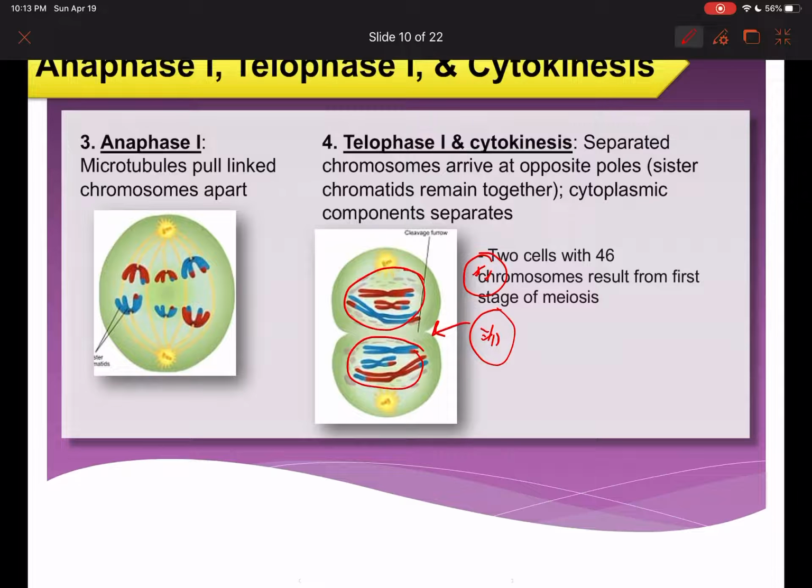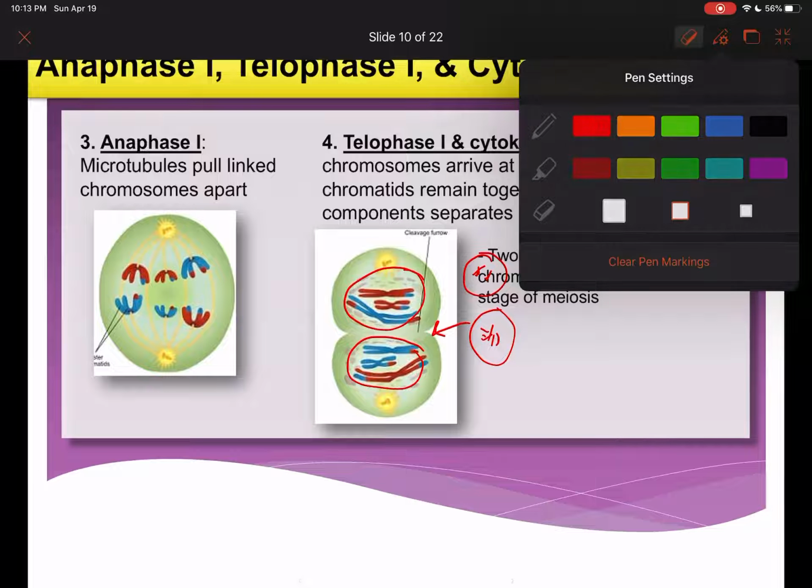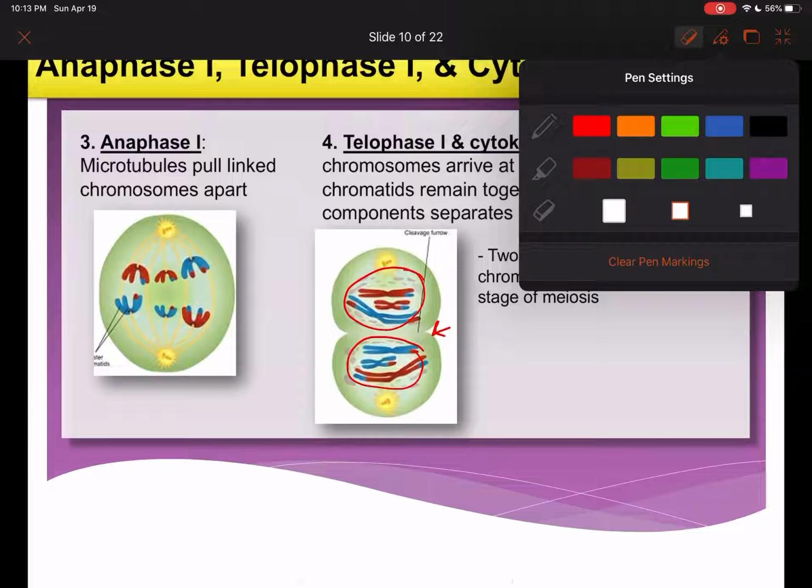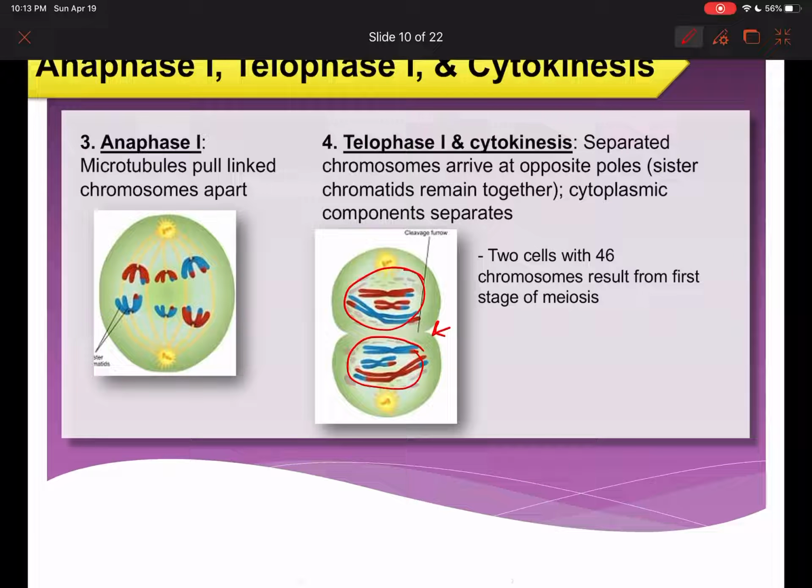So two cells with 46 chromosomes will result from the first stage of meiosis. So this is just from meiosis 1. And don't forget what's different between meiosis 1 and mitosis is the addition of two very important genetic variation steps, which are crossing over and independent assortment.